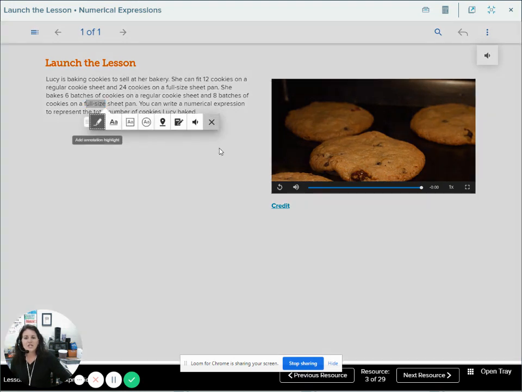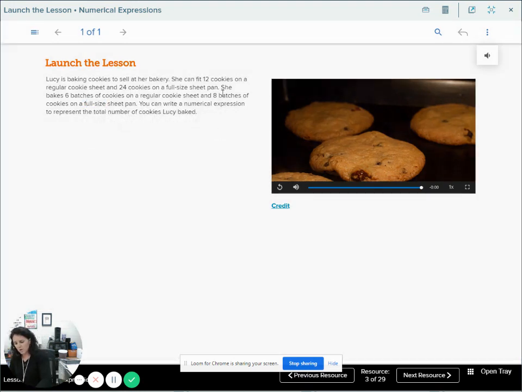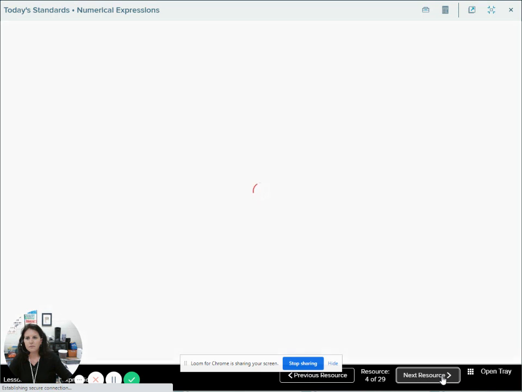Okay, on a full size, she can hold 24. So she's got 8 batches of 24. And we know that if we were to add those two totals together, then that would give us how many cookies she baked. So this is probably going to be backwards to you. Yes, it is backwards, but that's okay. You can imagine with me that I did 6 times 12 plus 8 times 24 to get the amount of cookies that she made.